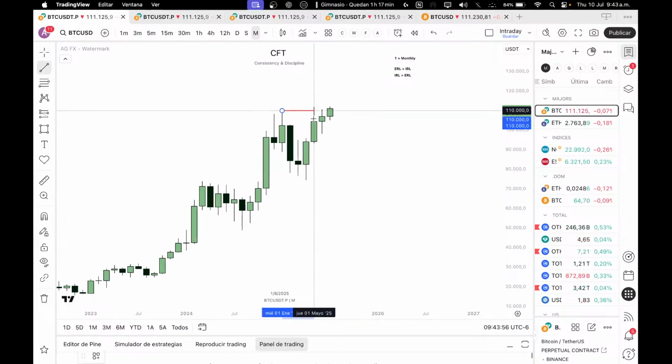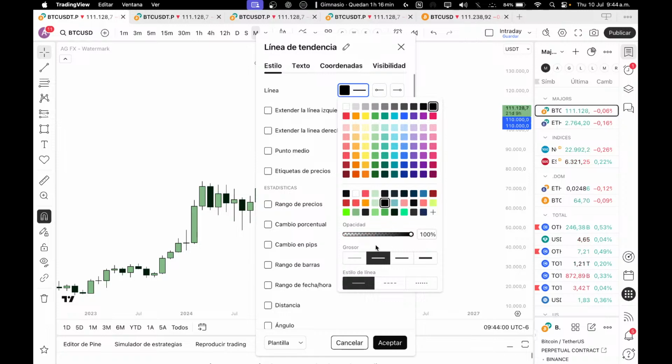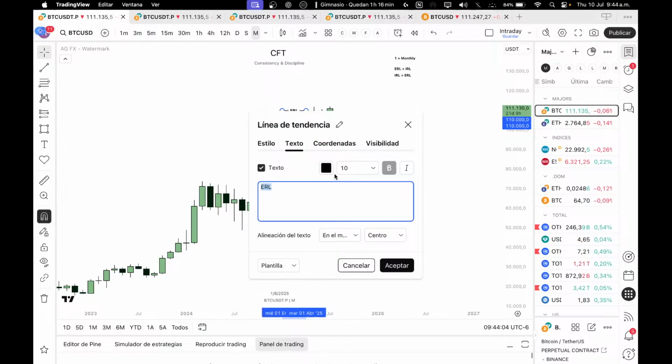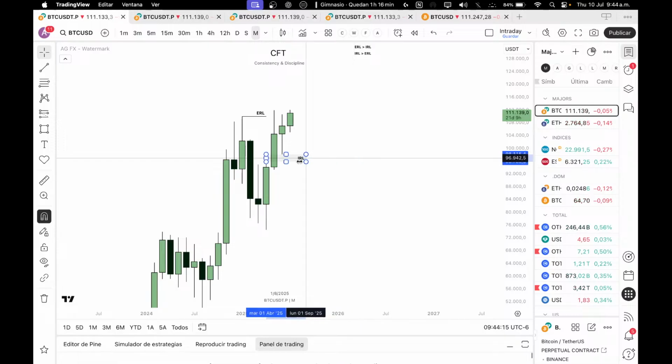We took the external range liquidity, which are swing points. You can see here external range liquidity, and what do we have here? Internal range liquidity in the form of fair value gap. Perfect.